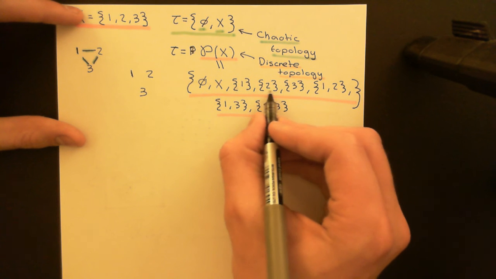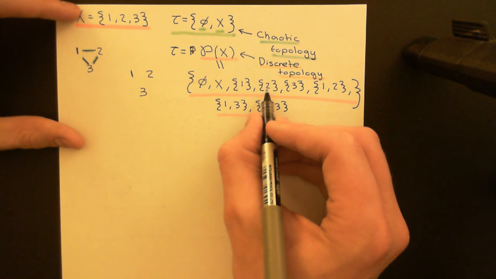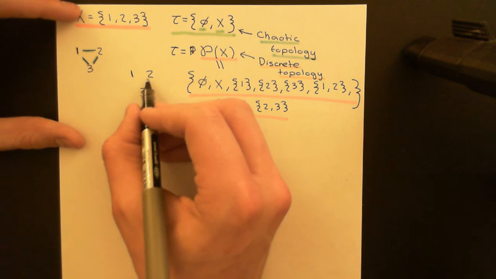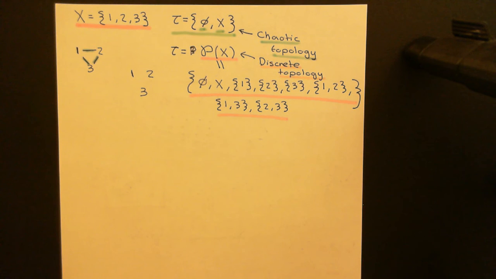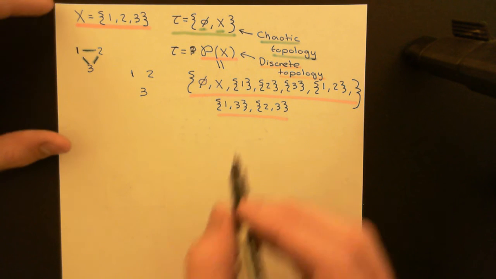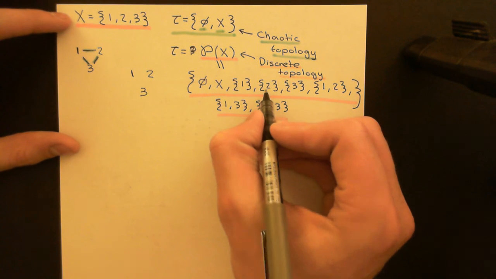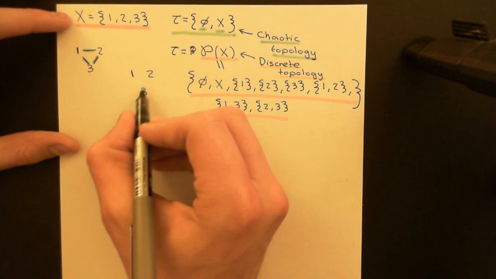We've got this set that contains 2 on its own, and to draw a line between 2 and 3, I wanted it to be the case that in all the sets where 2 appeared, it was together with 3, and vice versa. In all the sets that 3 appeared, I wanted it to be together with 2. So I wanted these always to appear together if they appeared at all, and that's not the case obviously in here, because I've got the set that contains just 2. So I'm not going to draw a line between 2 and 3.